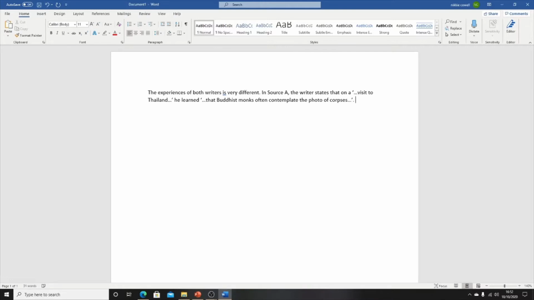So I'm going to start this as a new sentence. Again, I know that I'm making this quite formulaic. This suggests that his experience of facing death and thinking about death has been taught to him through a travelling experience.